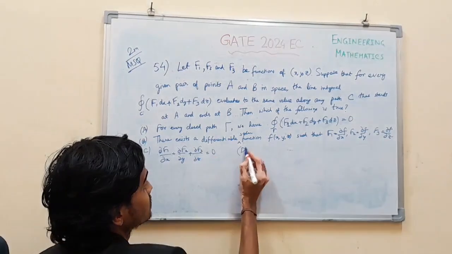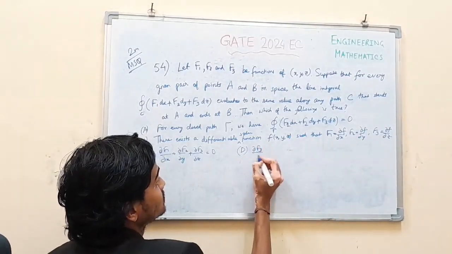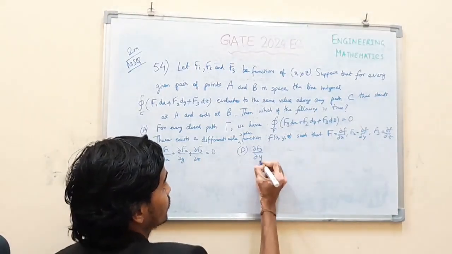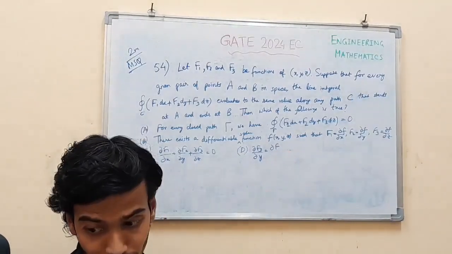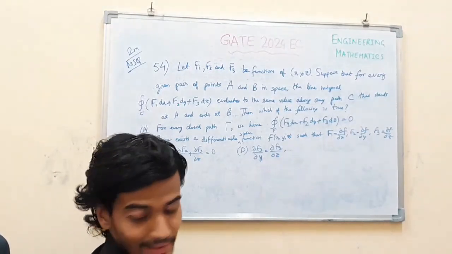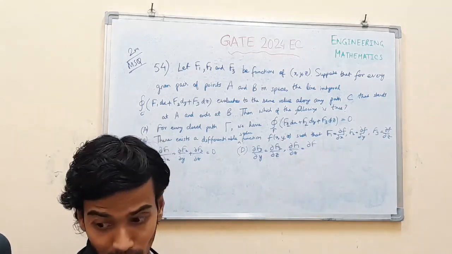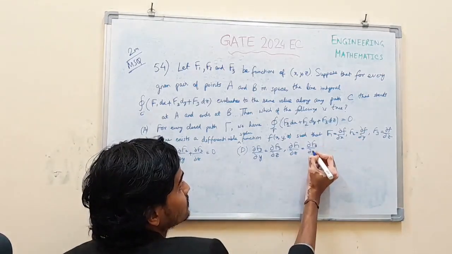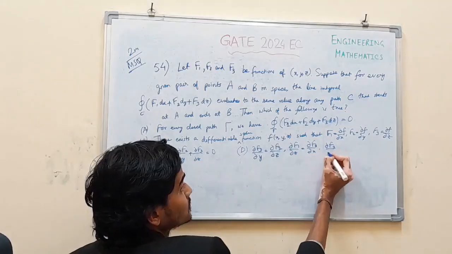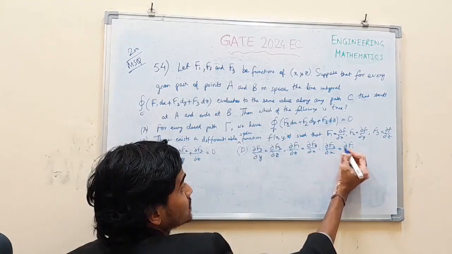Option D, del f3 del y equal to del f2 del z, del f1 del z equal to del f3 del x, del f2 del x equal to del f1 del y.